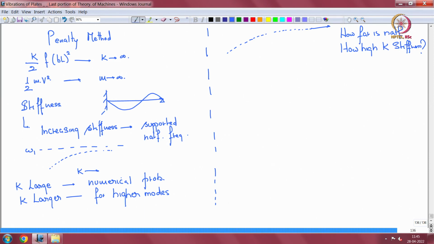Now, there is an interesting fact mentioned in the text that you can implement it using a negative stiffness also, that means using a minus k by 2 f term. And in this case, the natural frequency is approached from above. It is interesting.